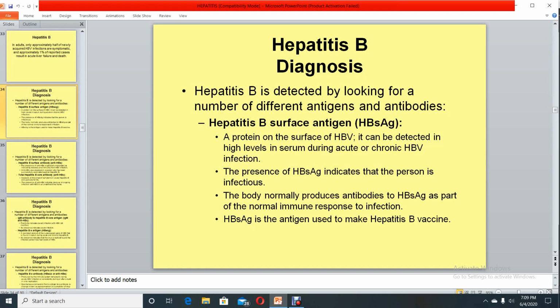That is why we do the confirmation from the antibody to the core antigen, IgM.